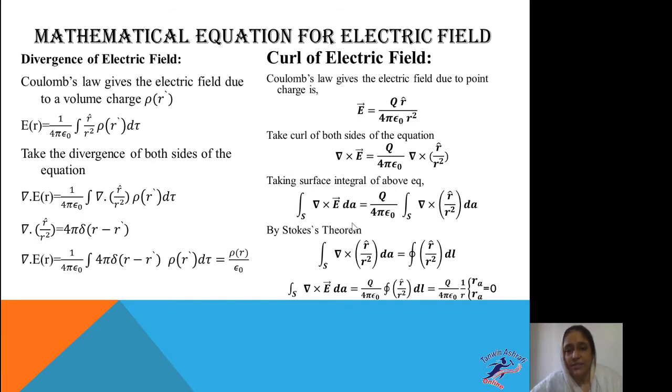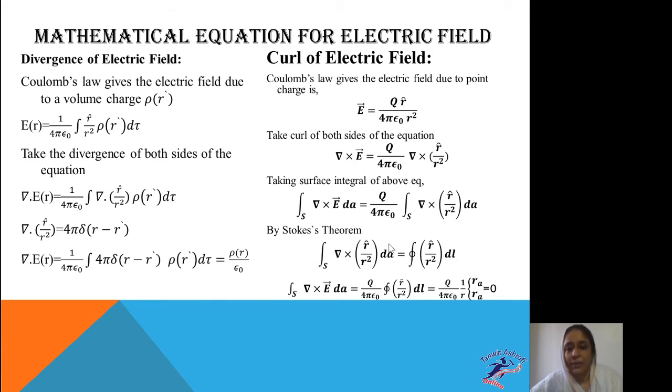Now taking the surface integration on both sides and applying Stokes' theorem, the fundamental theorem of curl, we get the integration over a closed line of r cap divided by r square dl.